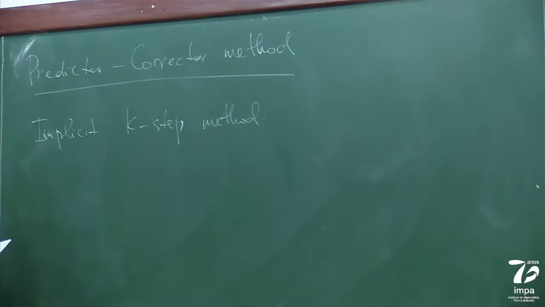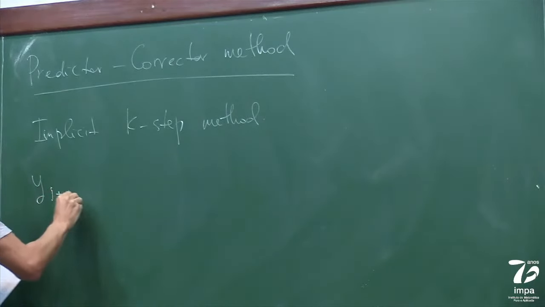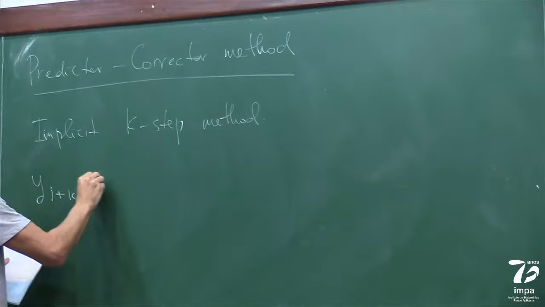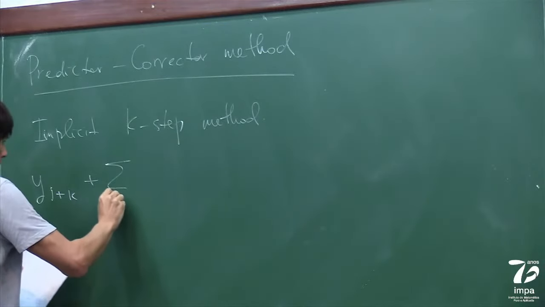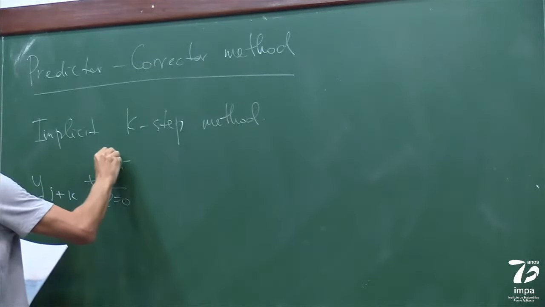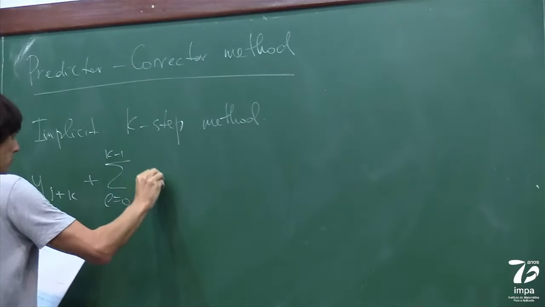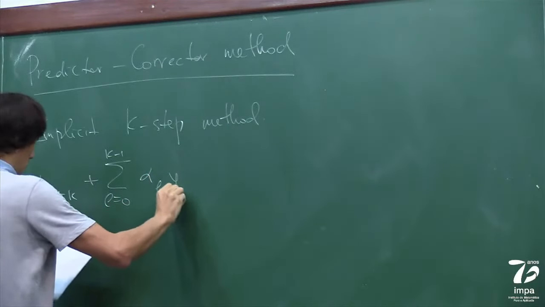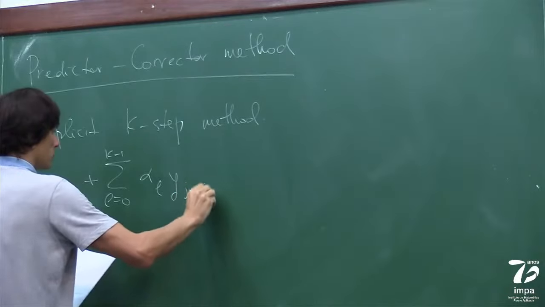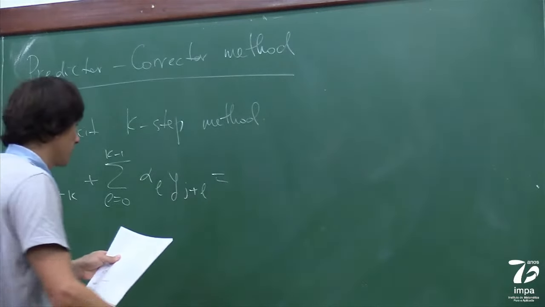So what it is, let's already write it in this form. So the first coefficient will be 1. Then we take l from 0 to k minus 1, alpha_l, y_{j+l}. So this is the left-hand side, and then the right-hand side.